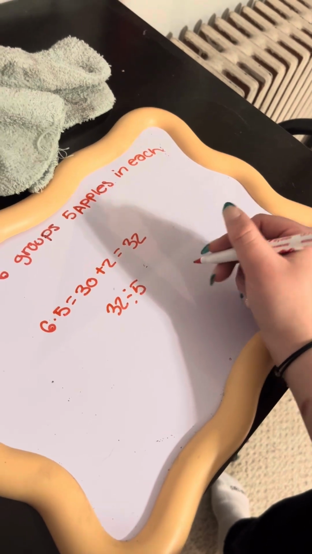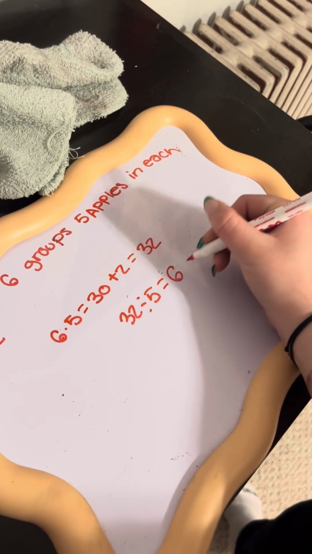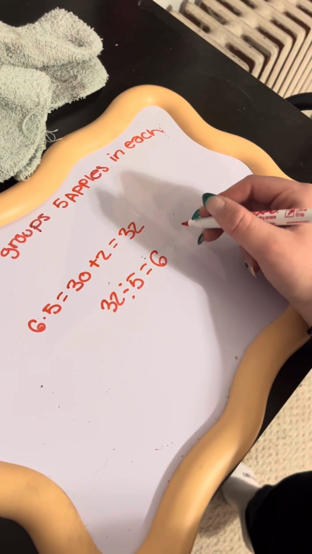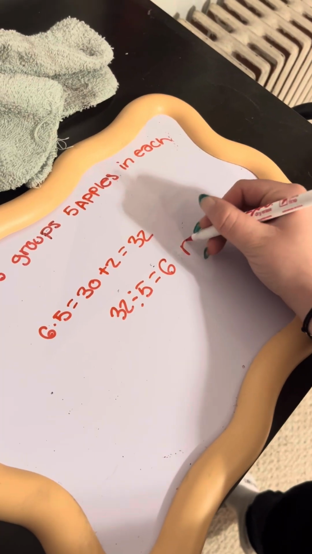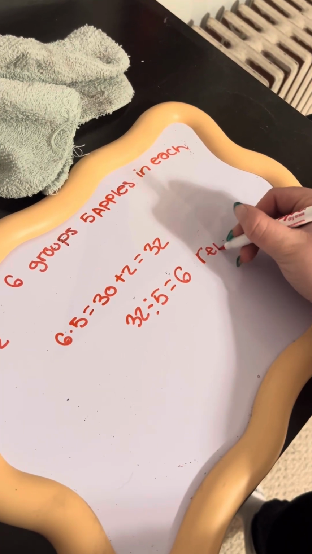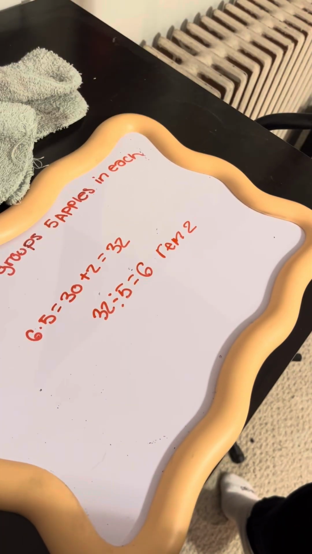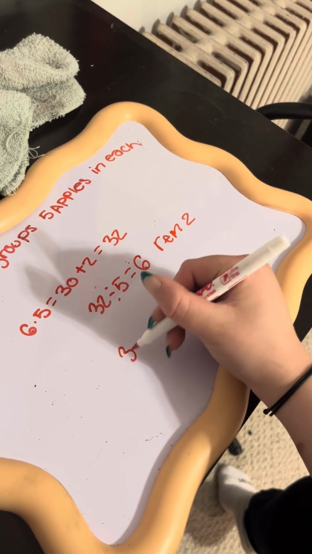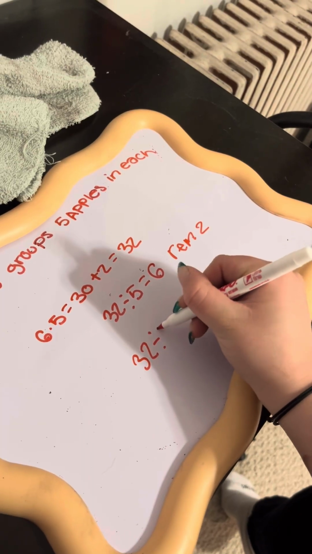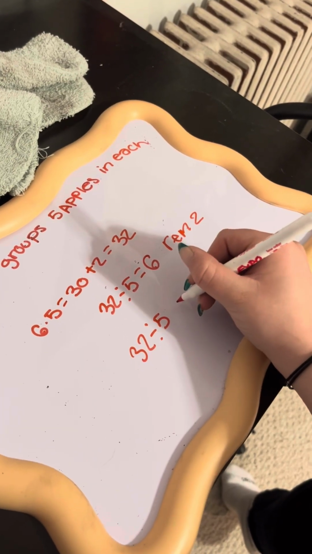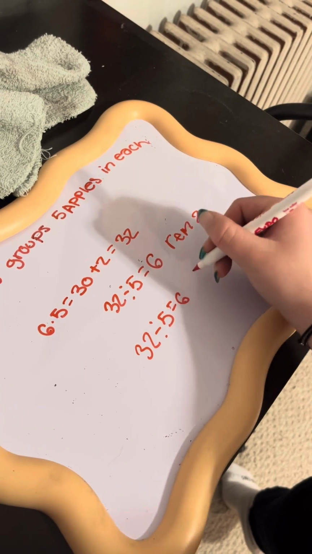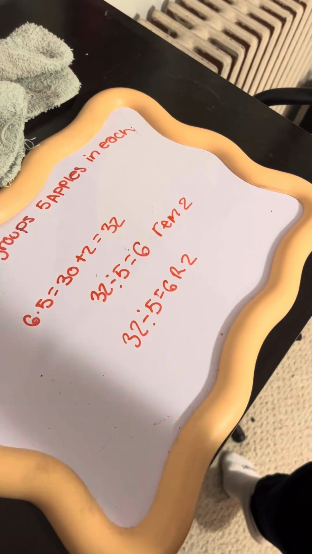And that's how we also get the 6 groups of apples with the remainder of 2. So the answer would be 32 divided by 5 equals 6, the remainder of 2.